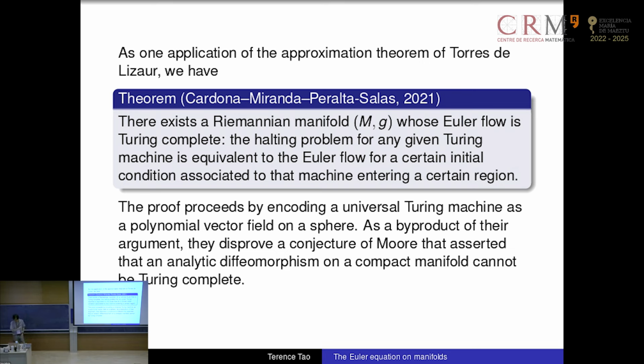This also answered a conjecture of Moore that had nothing to do with fluid dynamics.